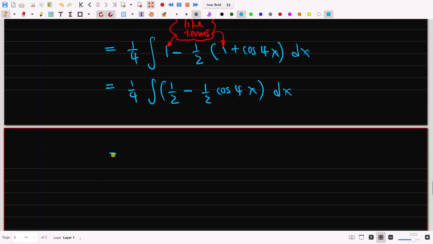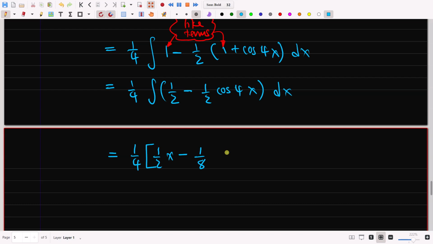Then the integral of cos is sine. So when we integrate cos, we get sine. So this gives us sine of 4x, then plus k, like that. So this is how we do an integration of all these even powers. So that's how you deal with even powers.